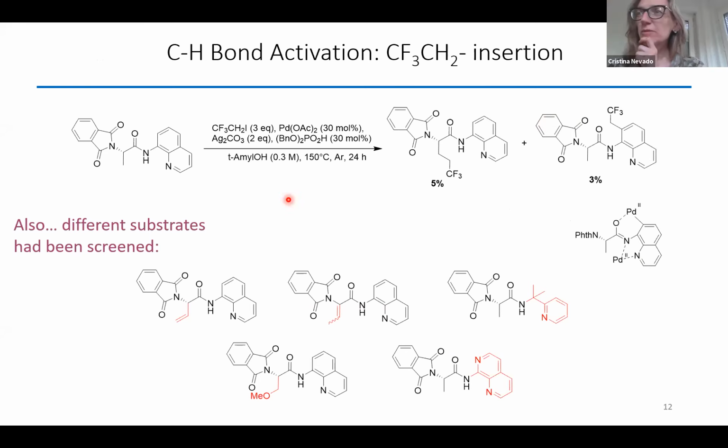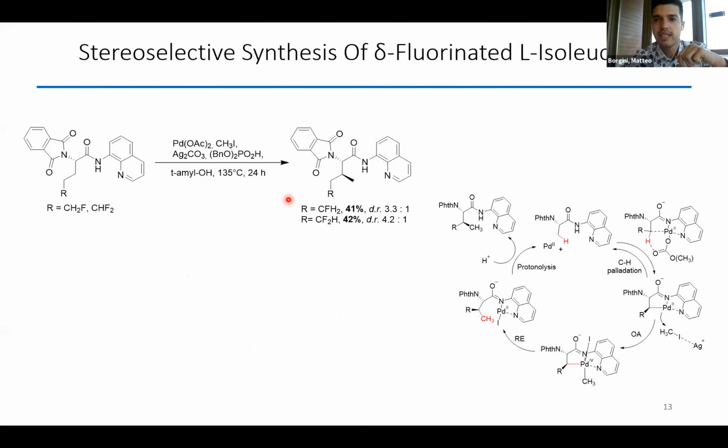Can you go back to the mechanism slide? I'm just interested in how you propose that the perfluoroalkyl group engages with the palladium, because maybe that gives you an idea why certain groups work and certain groups don't work. It's hard to say.